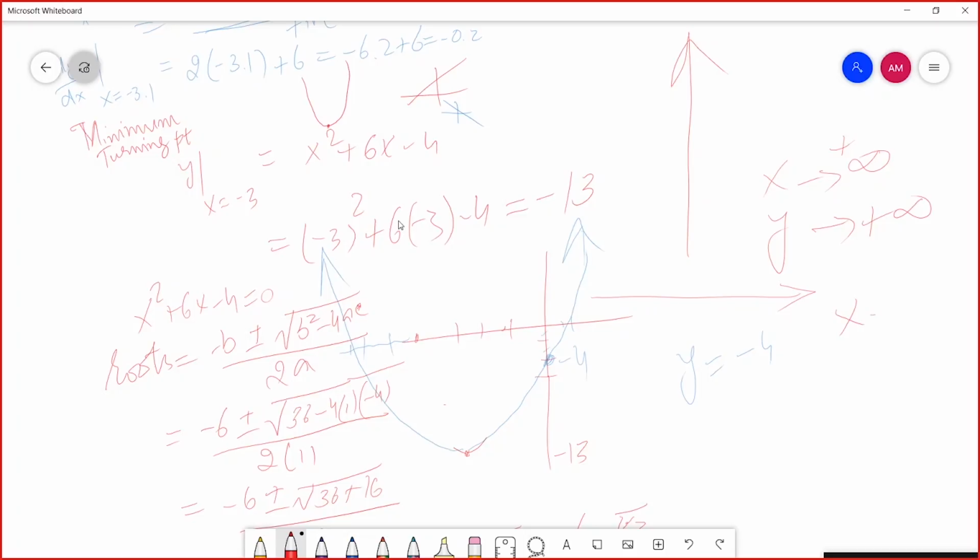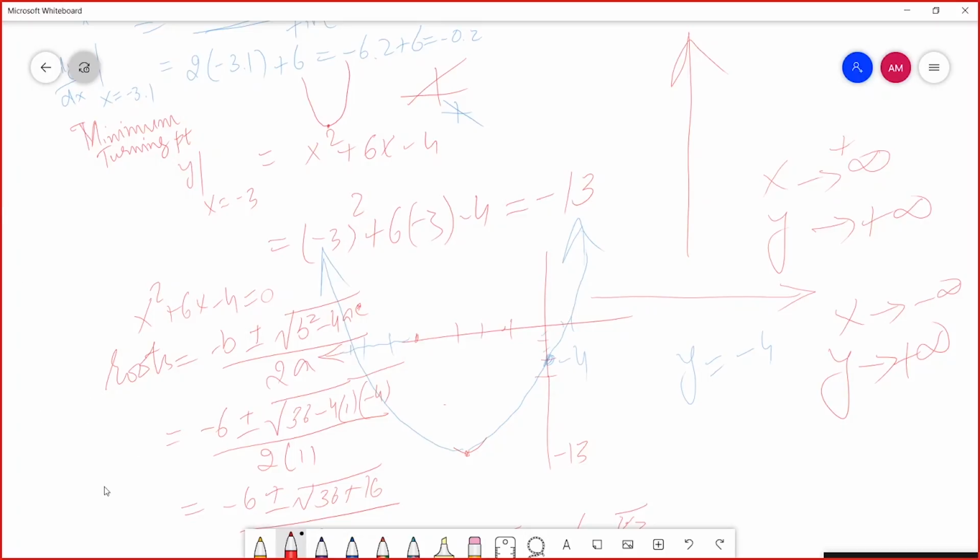If x goes to negative infinity, it is moving in this direction. So what is happening to y? y is moving towards positive infinity. Very nice.